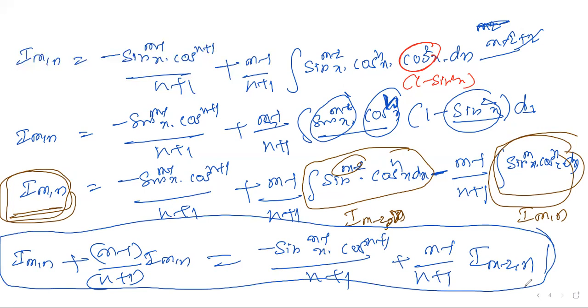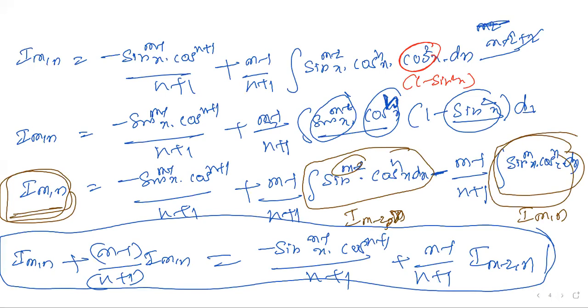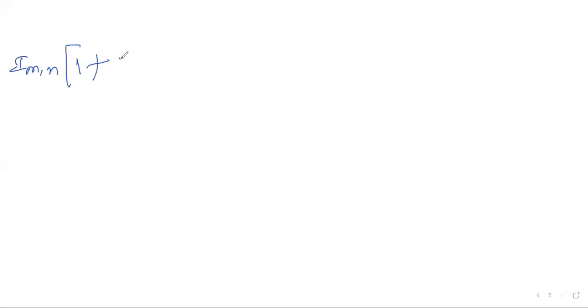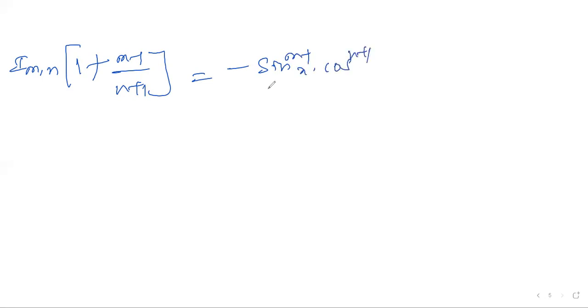Next step I'll try to copy in the next page. I'll take the copy I(m,n). I'll take so 1 plus (m minus 1) by (n plus 1) is equal to minus sin^(m minus 1) x into cos^(n plus 1) x by (n plus 1) plus or minus, I think so.